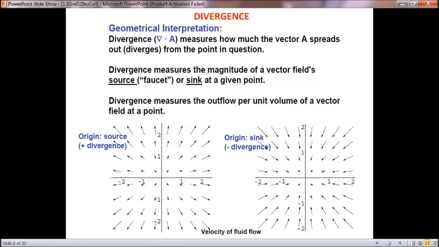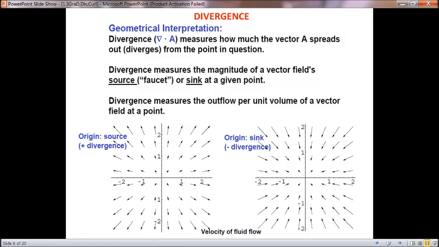So we have to consider one point in space, and from that point how the field is diverging out. To find how much the vector component is spreading out from a particular point, we have to go with divergence. So divergence measures the magnitude of a vector field's source or sink at a given point.